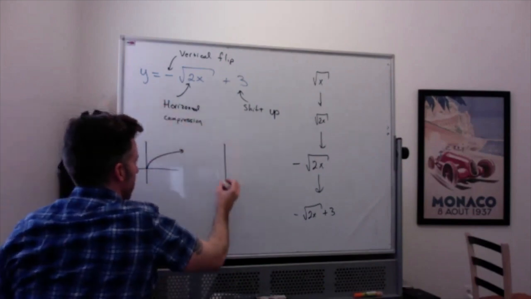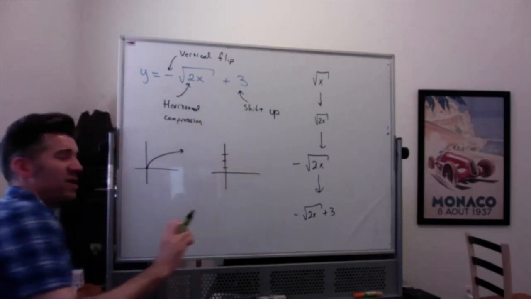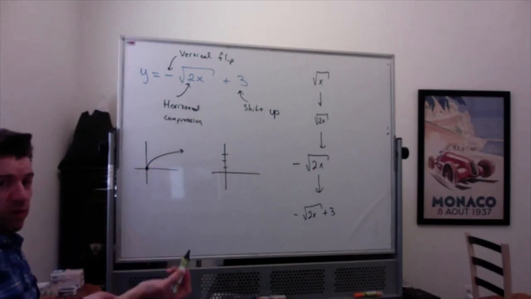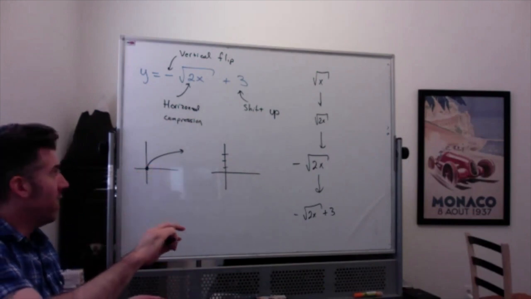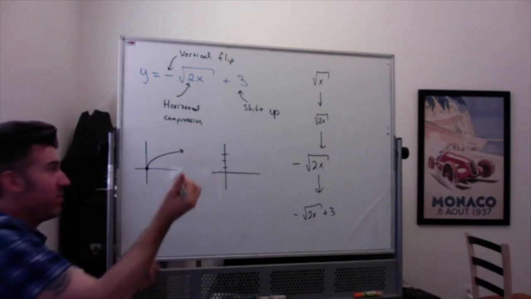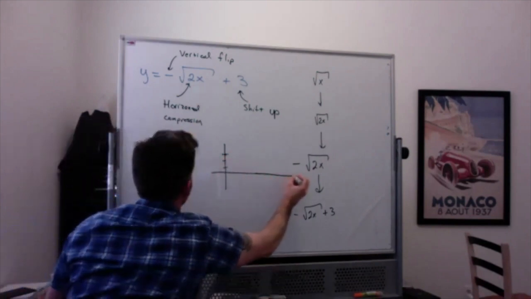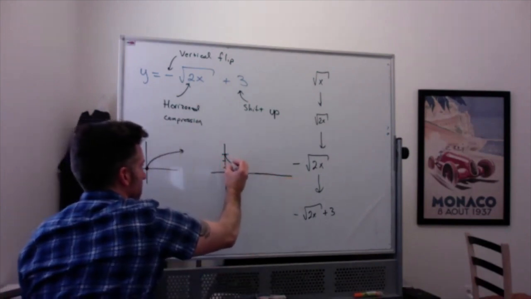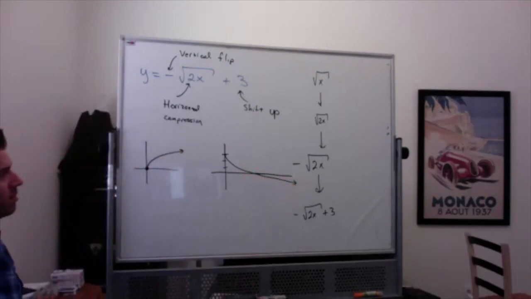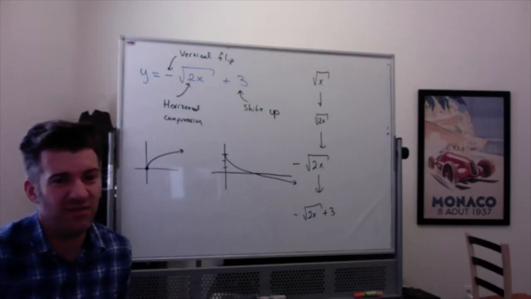I really do think about where the important origin point goes. When I smush it in, it stays where it is. When I flip it over, it stays where it is. But when I move it up 3, it moves up here. So I'm going to do something like this. And that's kind of good enough.